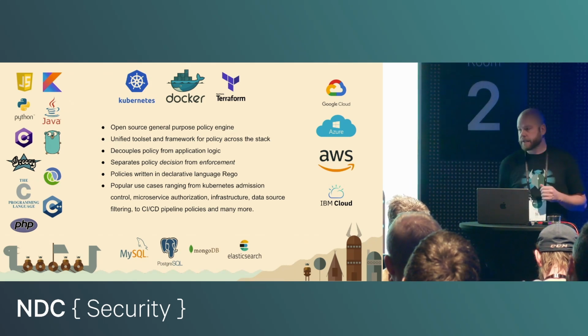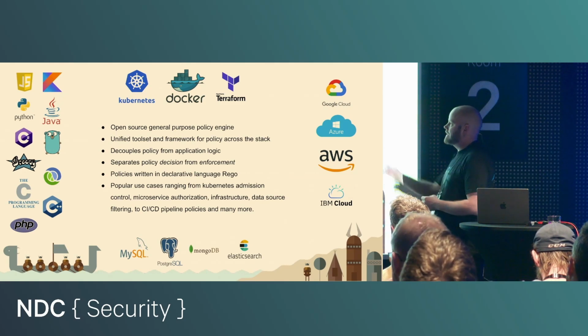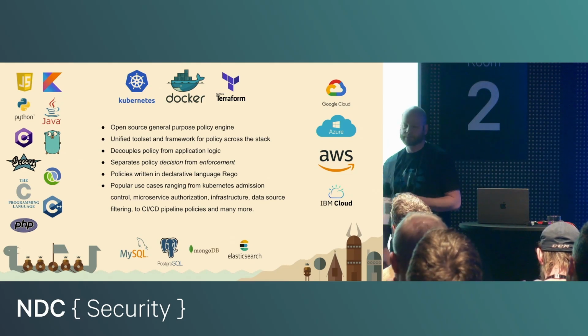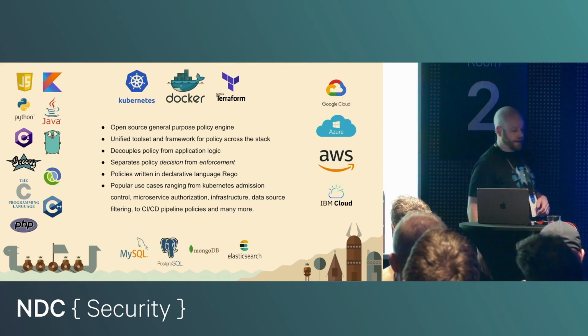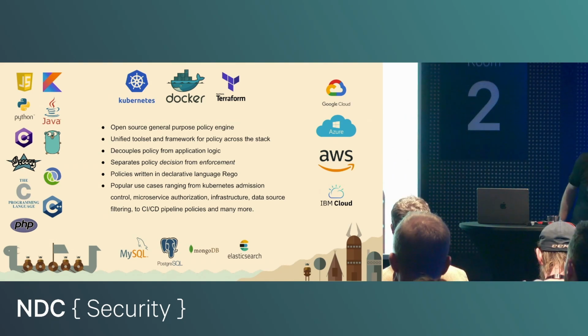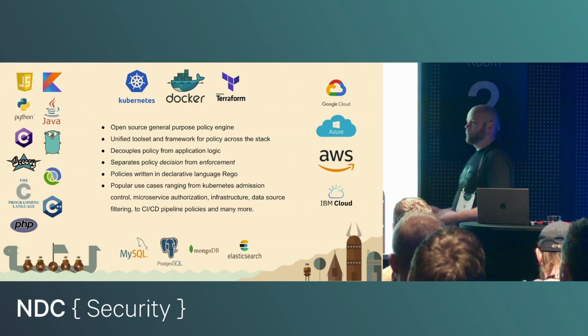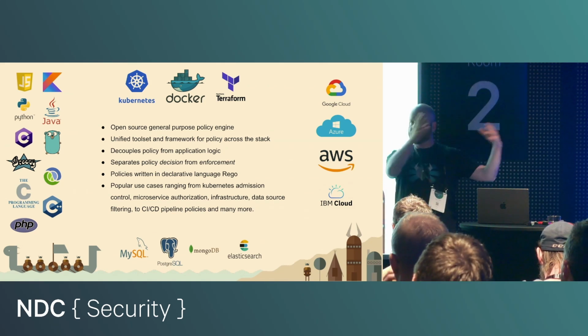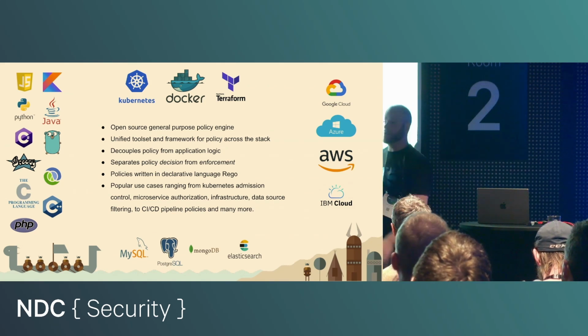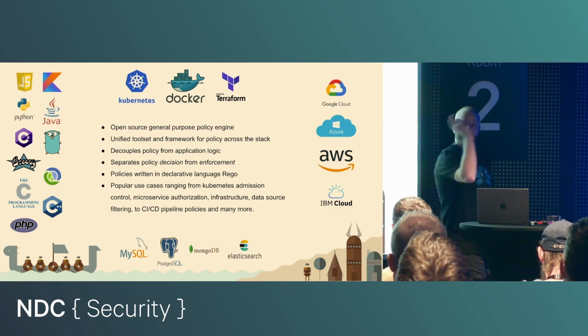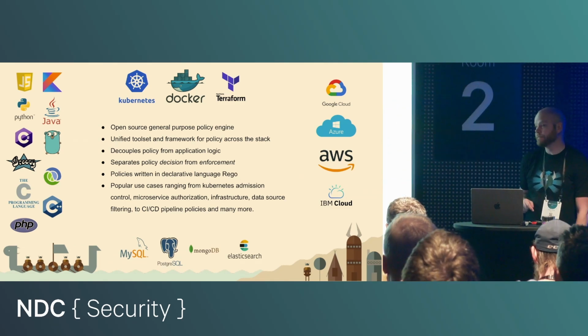So one key item with OPA is this idea of decoupling. And for me, as an identity nerd, it's basically what I came from. Remember how we decoupled identity? We moved that to a separate system. And we said, the user can go there and do this.